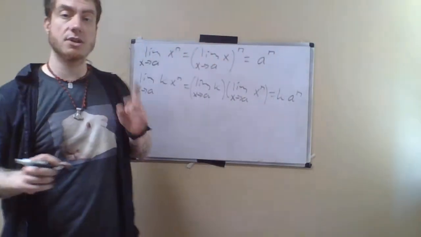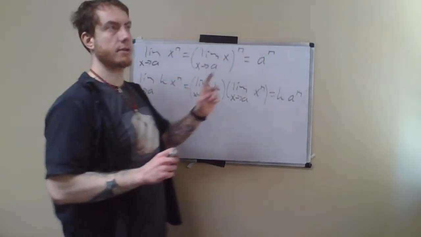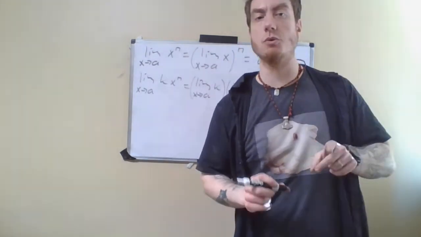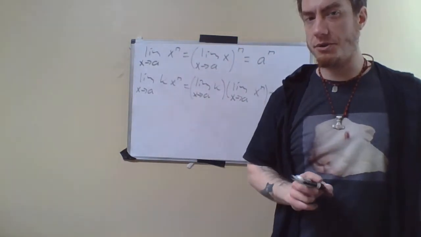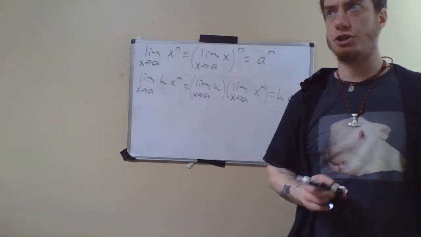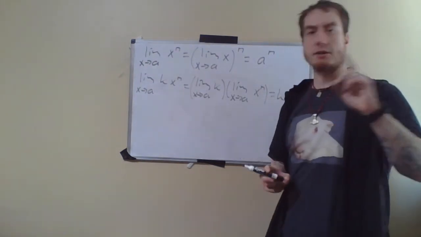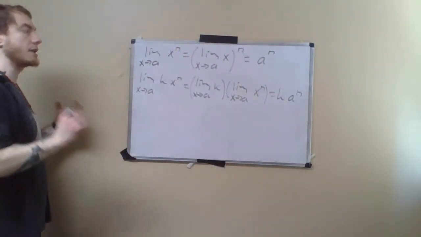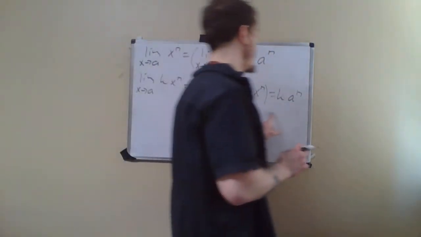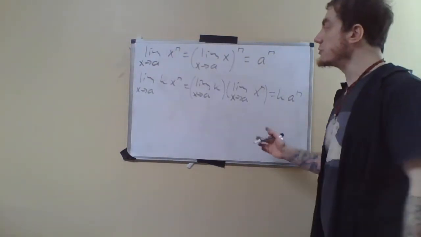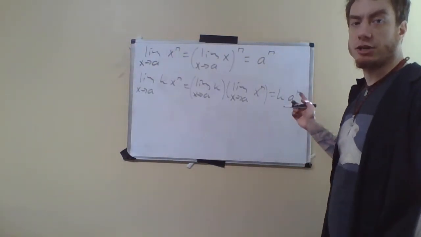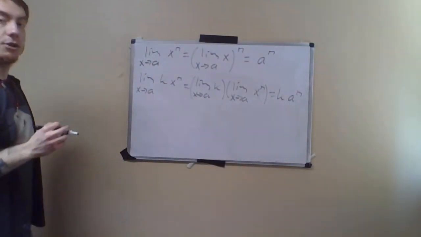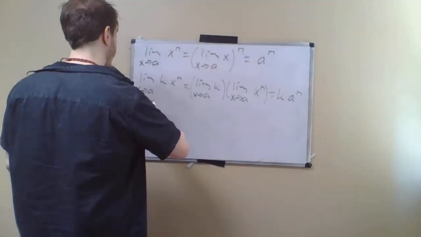Do note these are the sum, difference, product, and quotient rules for limits, because we're going to talk about other rules later on that are also called sum, difference, product, and quotient. Those are going to apply to a different procedure, not to limits. But at this point, we see that the limits of monomials, we can find by just evaluation. Well, from the sum law, this means that we can find the limits for polynomials by evaluation too.